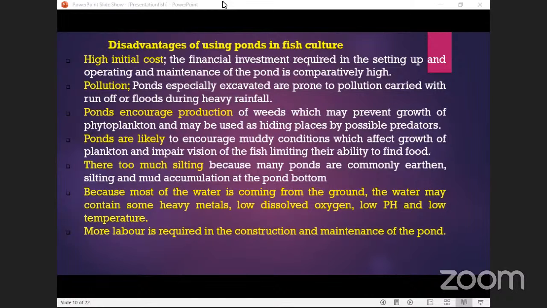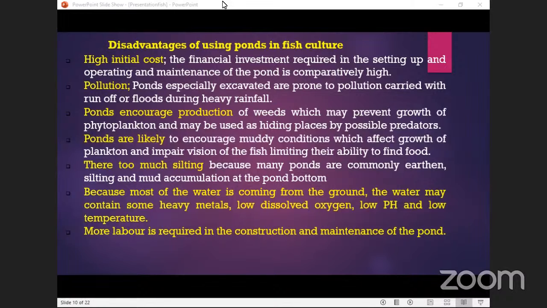When they use these chemicals, the chemicals dissolve into the soil. When it rains, running water has the ability to wash these chemicals into our ponds. And such chemicals will kill the fish, leading to fish kill. The fish dies.